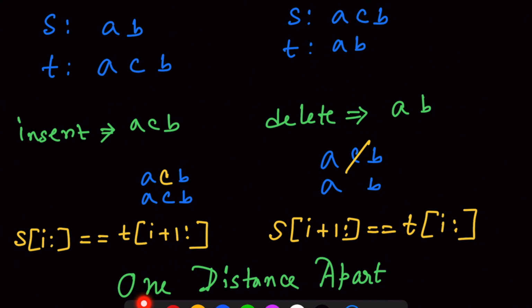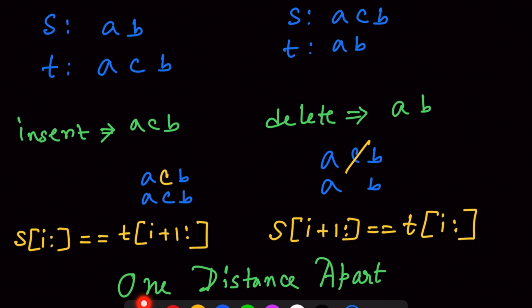But both these operations are equivalent, because we just want to tell whether these two strings are one distance apart. We don't care whether we performed an insert or a delete operation. So we can just get rid of one operation.